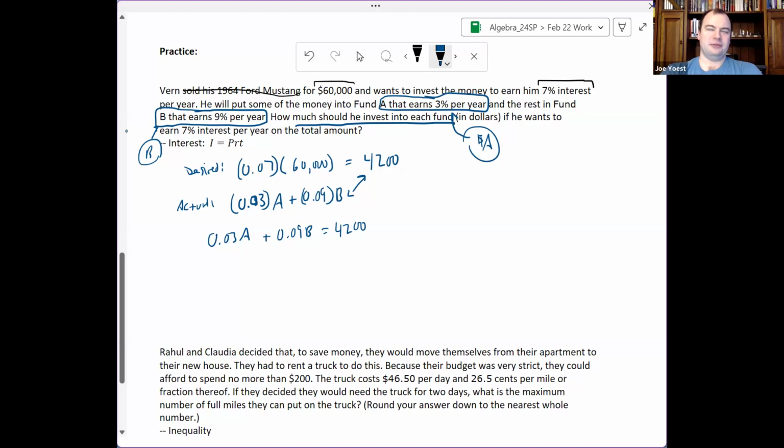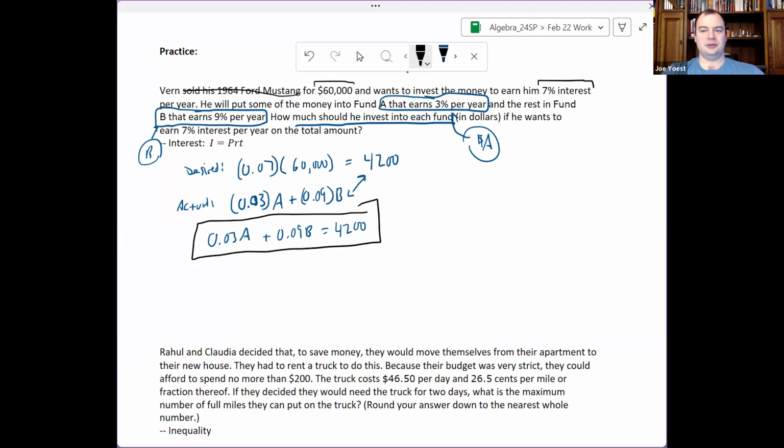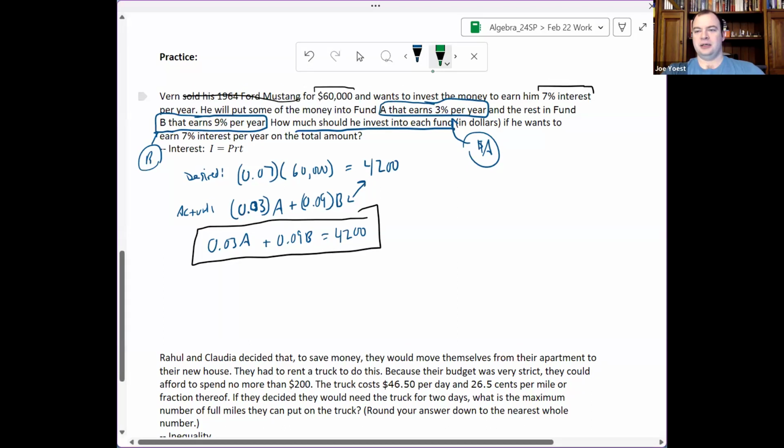Now here I have one equation with two variables. I don't think I can get a unique solution here. There are lots of different choices for A and B that could satisfy this. I need to look back to the context of the problem and see, is there a piece of information I haven't used yet? Is there an extra constraint that I can use? Well, he wants to invest the full $60,000 and no more, right?